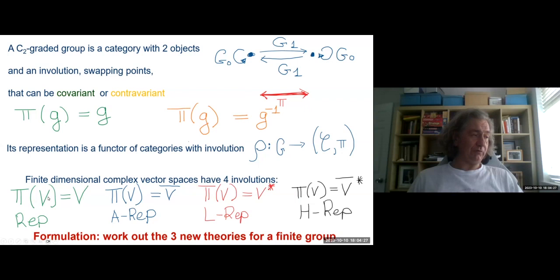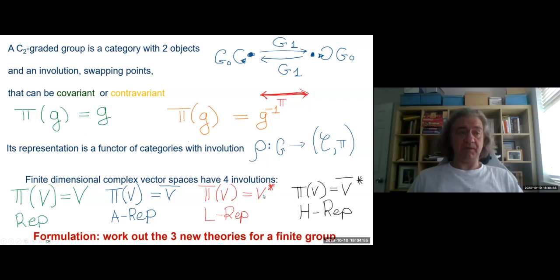So what you can do is take the identity, then we just get the usual representation theory, classical, as ancient Greeks knew it. Then for a vector space, you can take its complex conjugate vector space. We call it antilinear representation, so A theory.